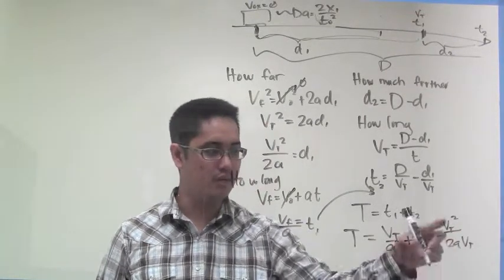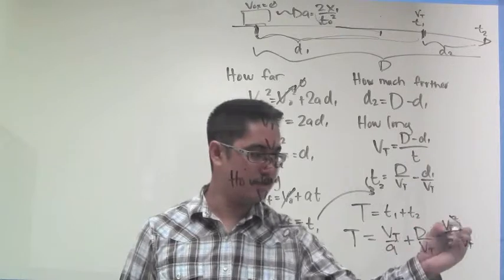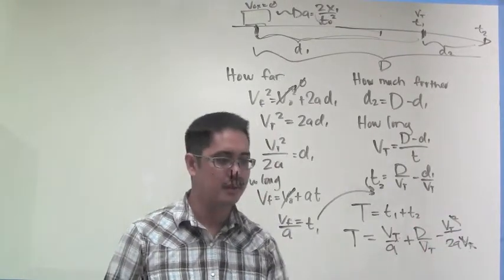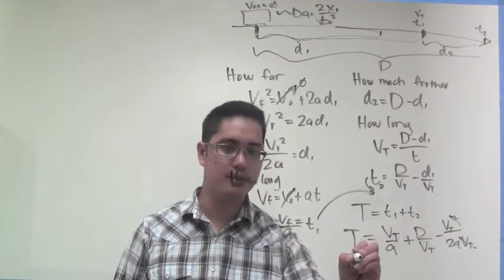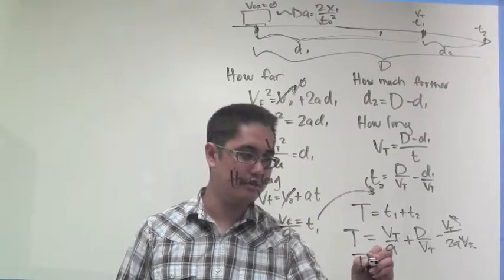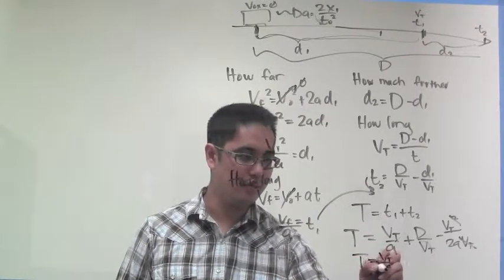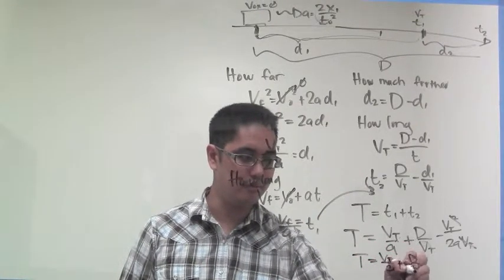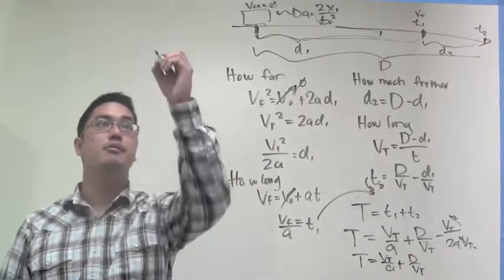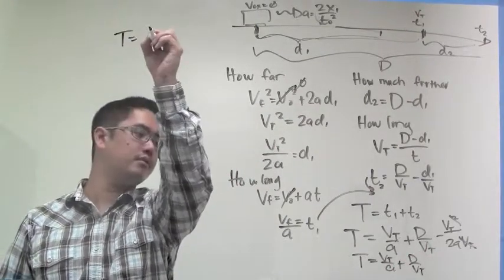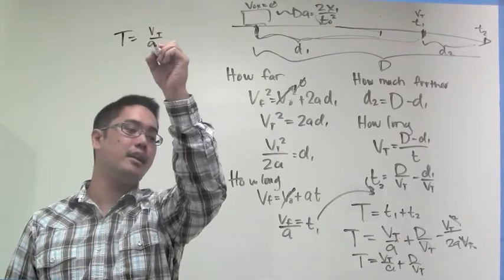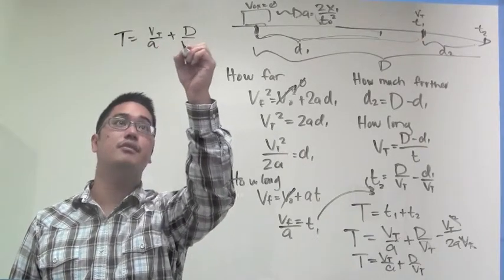So that's the D1 divided by VT. This cancels out with that, and you end up getting this. Your time is equal to VT over A plus D over VT. Let me write that here. Time is equal to VT over A plus D over VT.